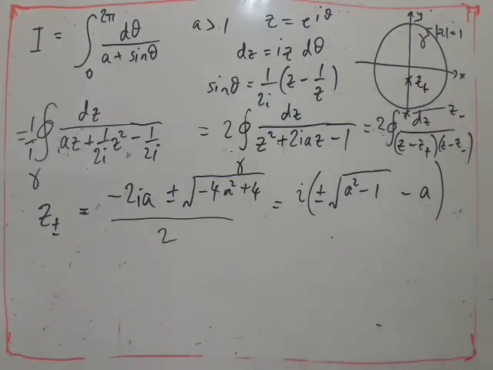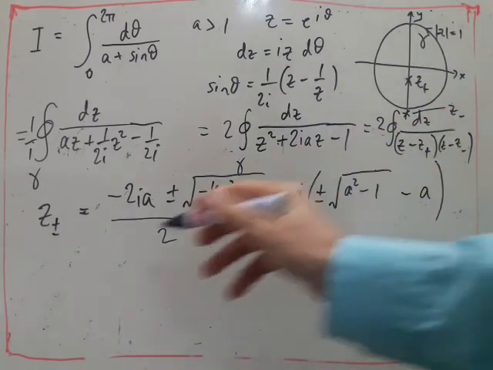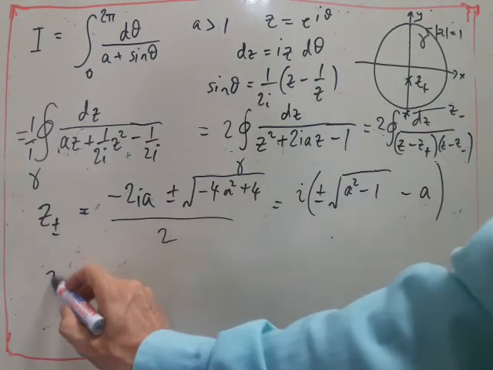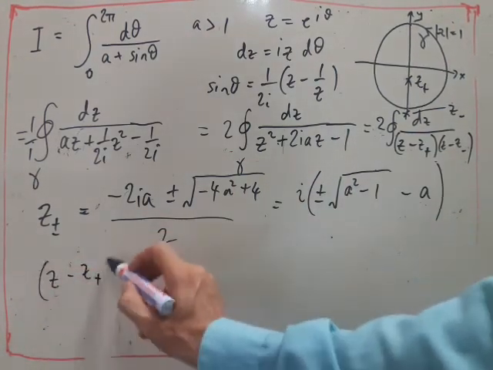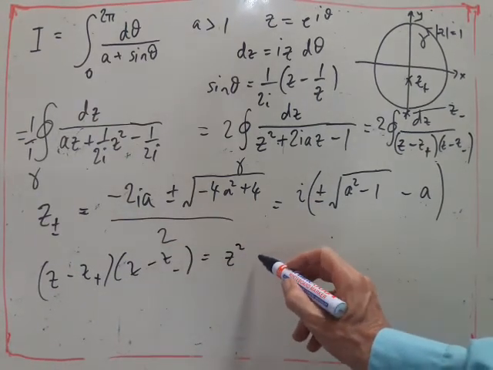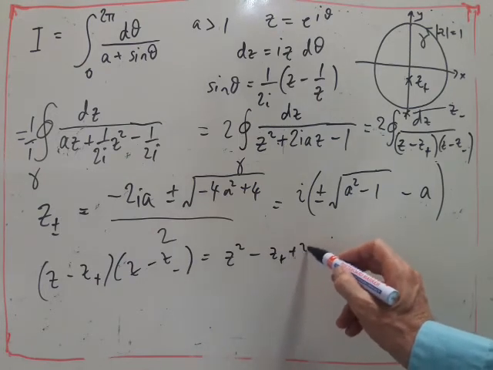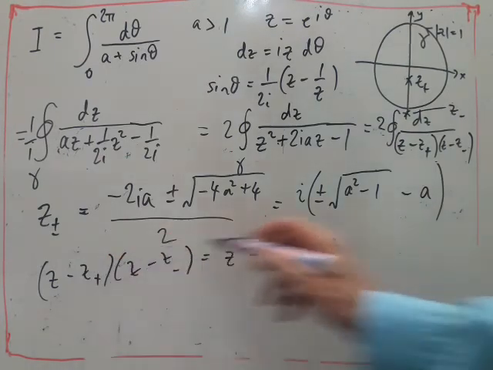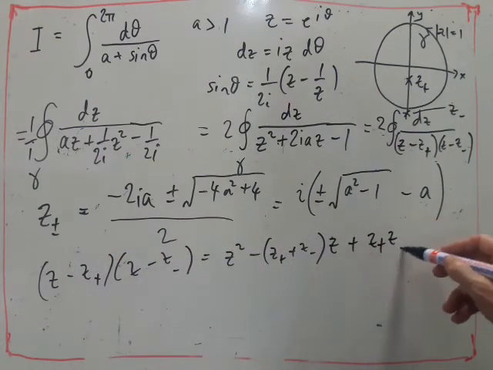But if you want to be extra thorough and prove that the modulus of z plus is definitely less than 1, then we can do it quite easily. There's a trick involving polynomials that you ought to know. If I expand this, then I get z squared minus z plus z minus z plus z minus z plus z plus times z minus.